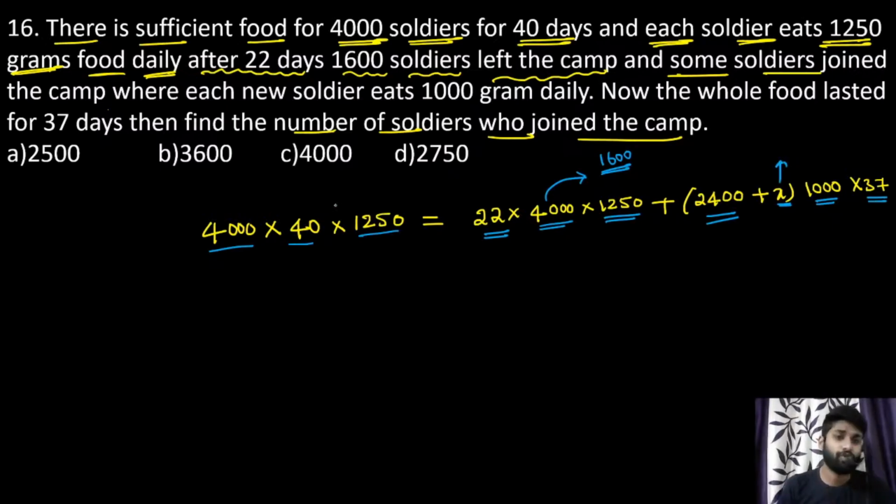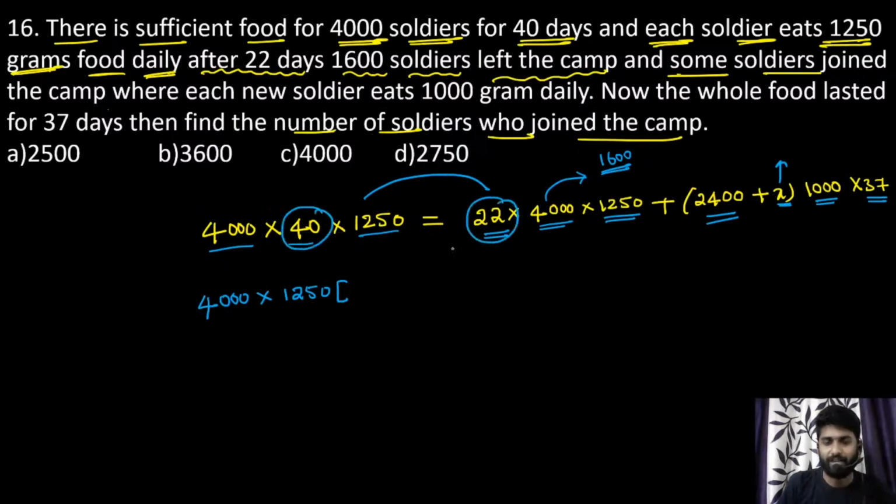Guys, for this type of question, don't multiply. If you multiply, you're wasting your time. What is your observation? 4000 and 1250 are common to these two equations. Now what is the remaining? 40 minus 22, the value becomes 18. Sorry, 18. Clear?